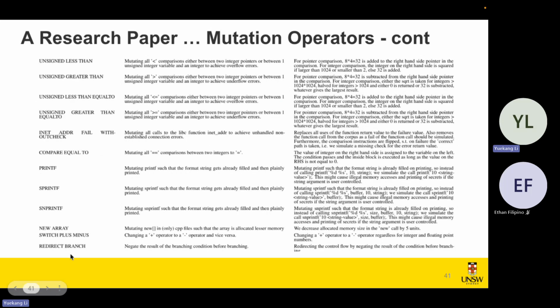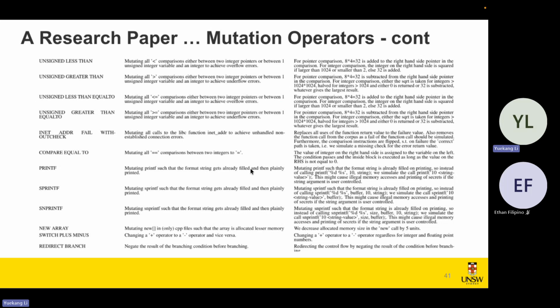And all these mutation operators they have applied are actually used to simulate the real errors that could be made by developers. You can see all the different mutation operators they designed. They also try to mutate double equals to just a single equals.